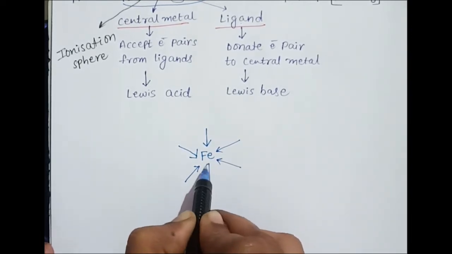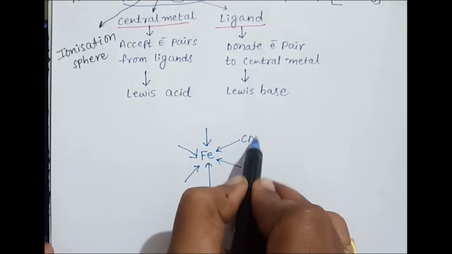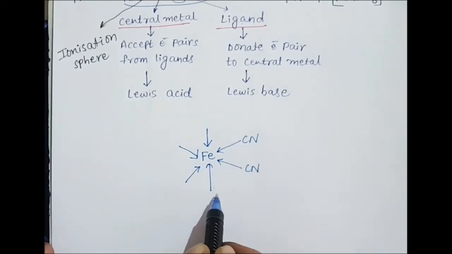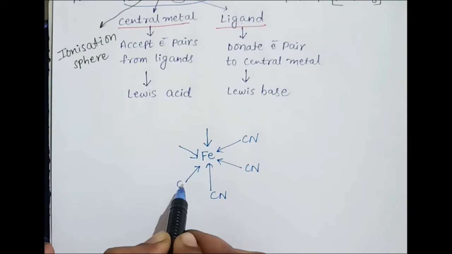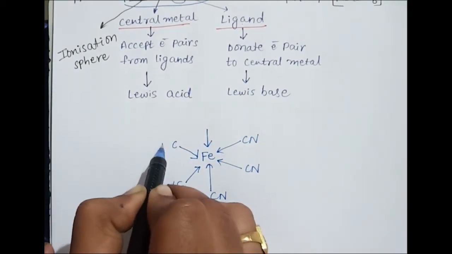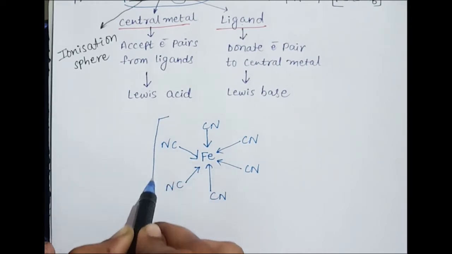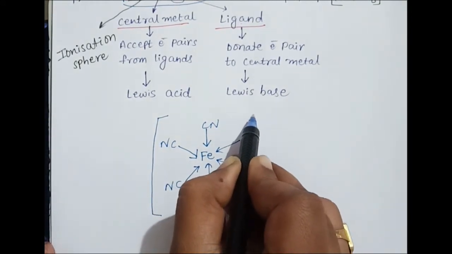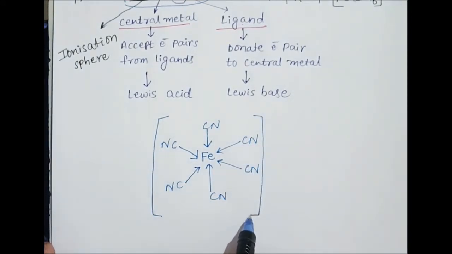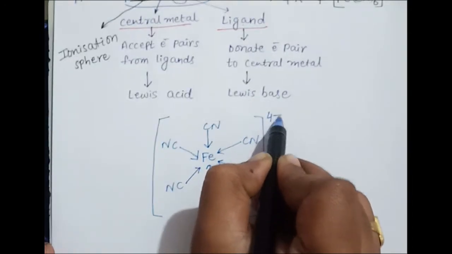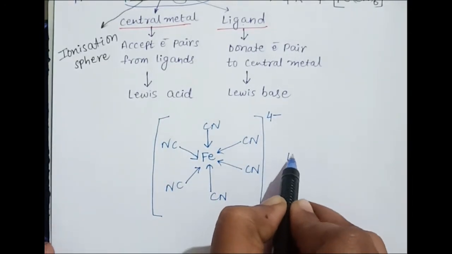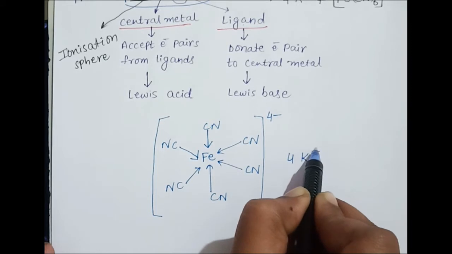Six coordinate groups, so six cyanide groups. Here the overall charge is 4 minus, and there are 4 K+ ions.